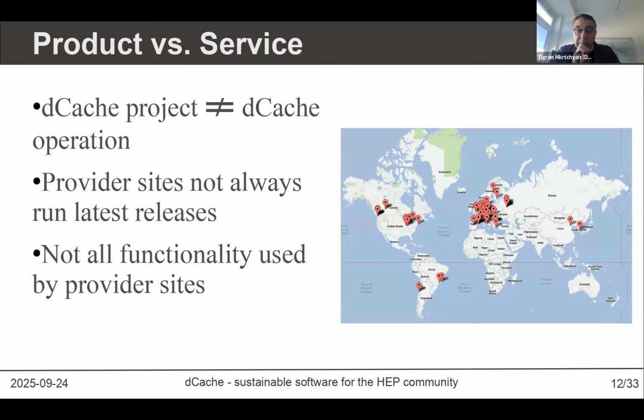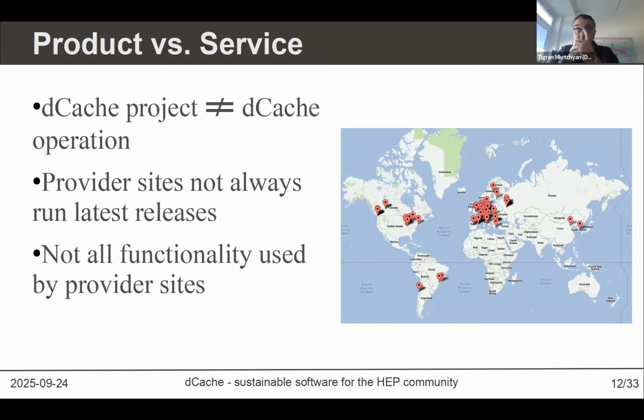One thing to mention is that the dCache project is not the same as dCache operation. Developers are not the people who run the software, even on the sites. Well, we might help our local admins to do it, but in general, admins from Fermilab, BNL, and DESY download the same RPM packages from our web page as anybody else.